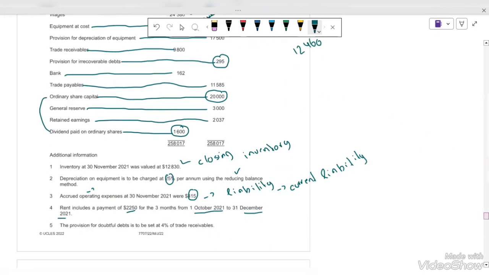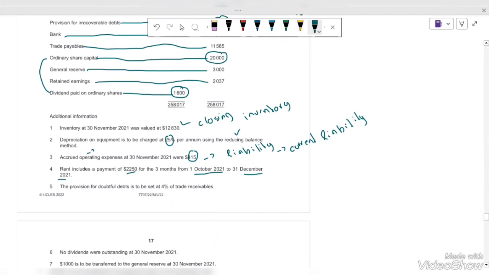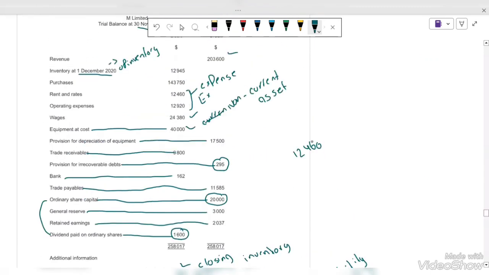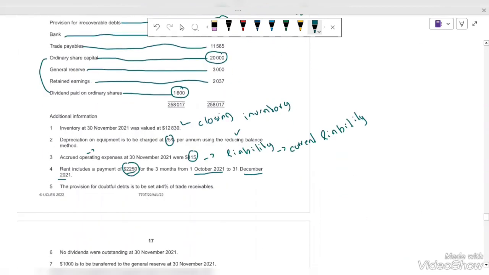And the examiner says that rent includes a payment of 2250, included in this payment.